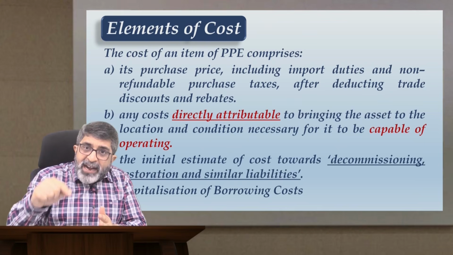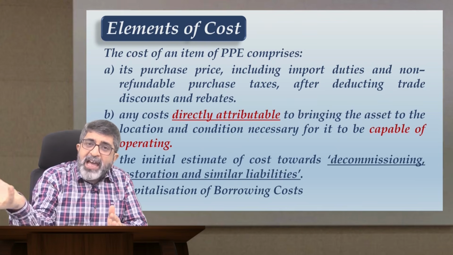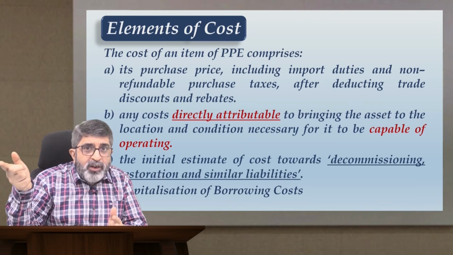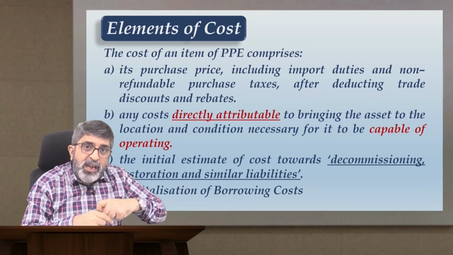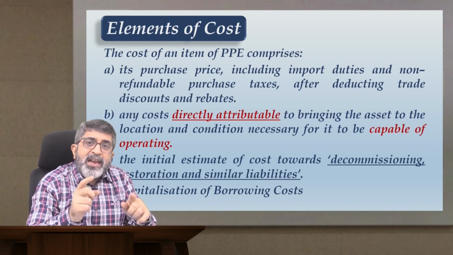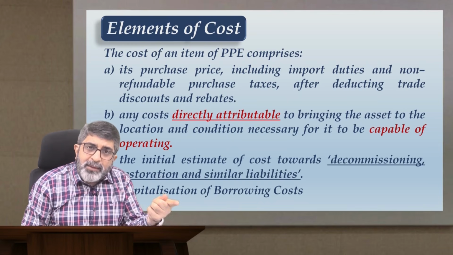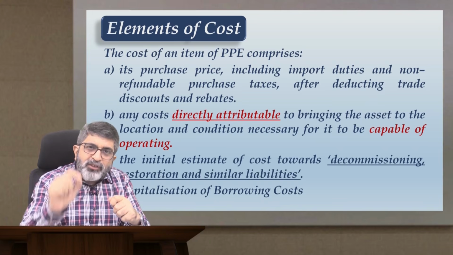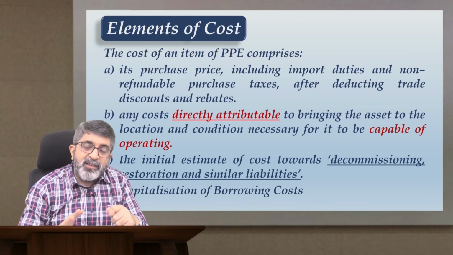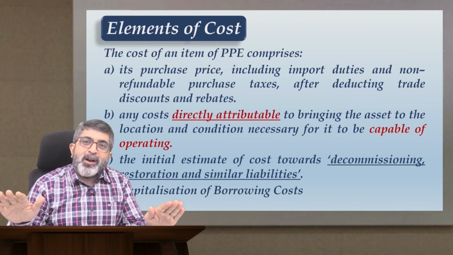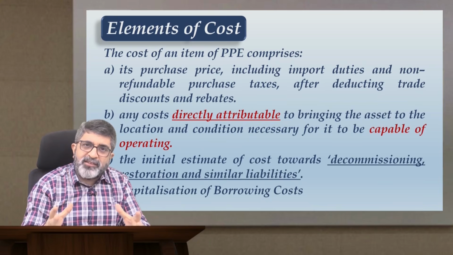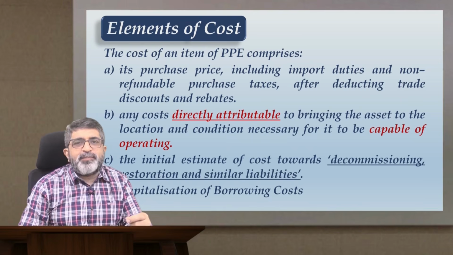That means that tax which I have paid while I have acquired an asset, that tax I have paid from my pocket, but I will recover it, or I will get a refund of it while setting off against my VAT liability. In that case, such component of purchase tax is a refundable purchase tax. Then it should not be included in the part of cost of PPE. But if it is non-refundable under any circumstances, then it should be included as part of the cost.